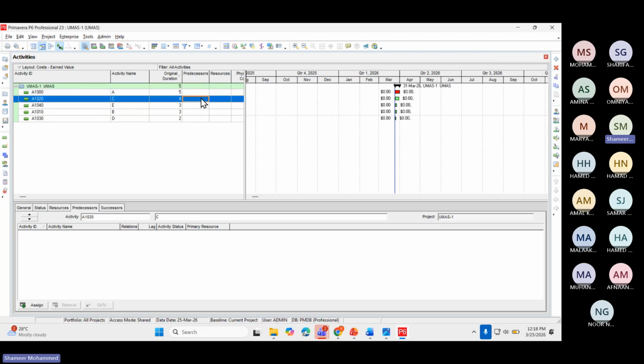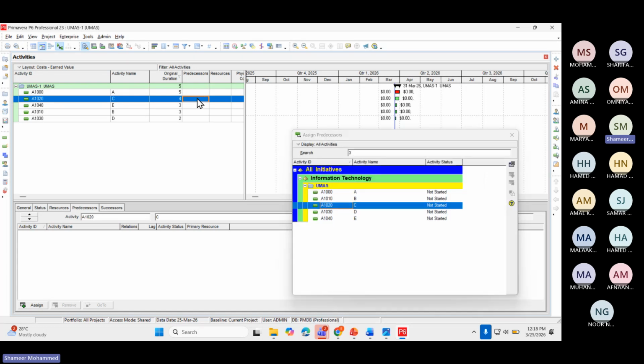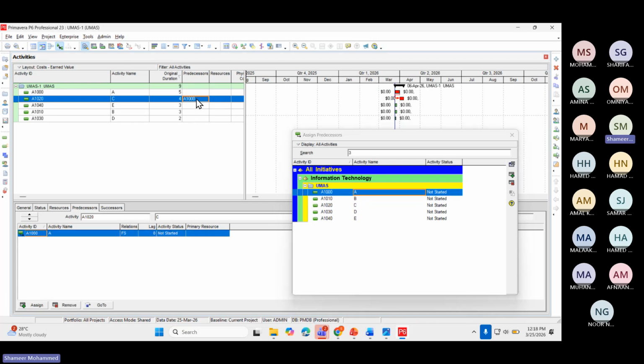For B, A is the predecessor. So here you can double click and choose, double click A. Now see here, the ID of activity A, that is A1000, is coming here.